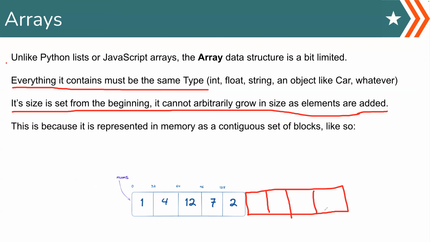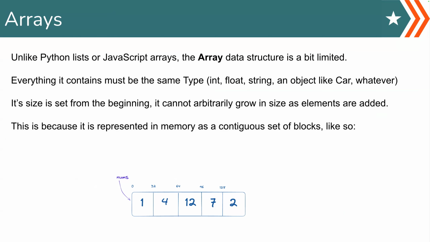I might have to add a whole block. So usually when you need to increase an array, you double its size. So everything in an array has to be of the same type. Its size is set from the beginning. And this is because in memory, it's a contiguous set of blocks.